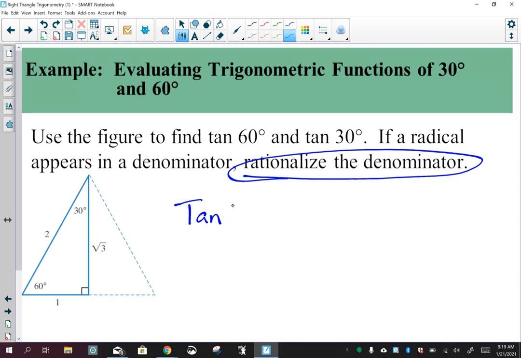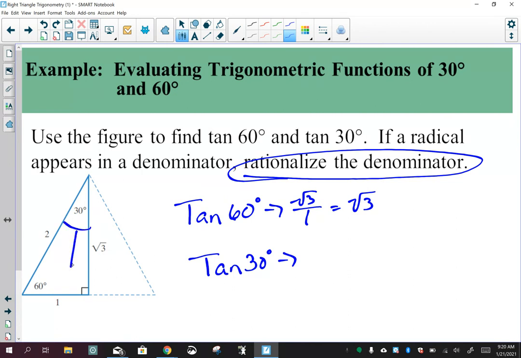So tangent of 60 degrees is opposite over adjacent, which is the square root of 3 over 1, which is simply the square root of 3. And then tangent of 30 degrees. So it's opposite again over adjacent. So it's 1 over the square root of 3, which is just simply the square root of 3 over 3. Okay.